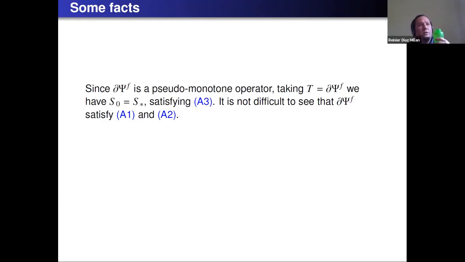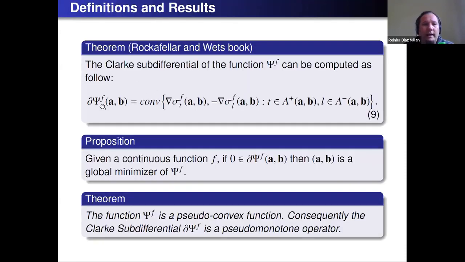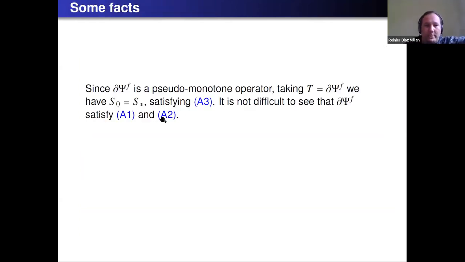It is not too difficult to see, because of the way the Clarke differential is defined classically. A2 also is not complicated, by the continuity of the function f and the continuity of the function phi on the set C, because on the set C, the polynomial down, the minimum value that they attain is greater or equal to 1.